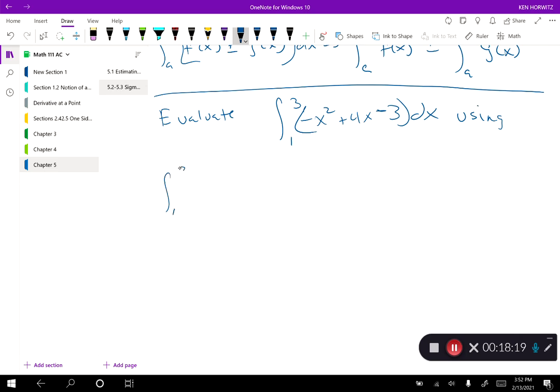The integral from 1 to 3 of x squared dx equals 26 over 3. And this would be given right in the directions. The integral from 1 to 3 of x dx equals 4. And the integral from 1 to 3 of just plain old dx equals 2.